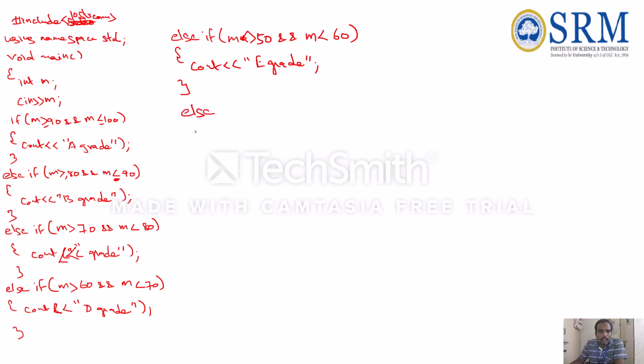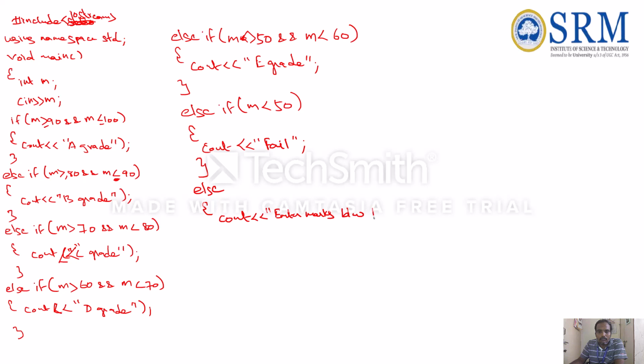So at last otherwise you can put if mark less than 50, cout, fail. Then at last you can put else, cout, enter marks between 1 to 100. That's it.